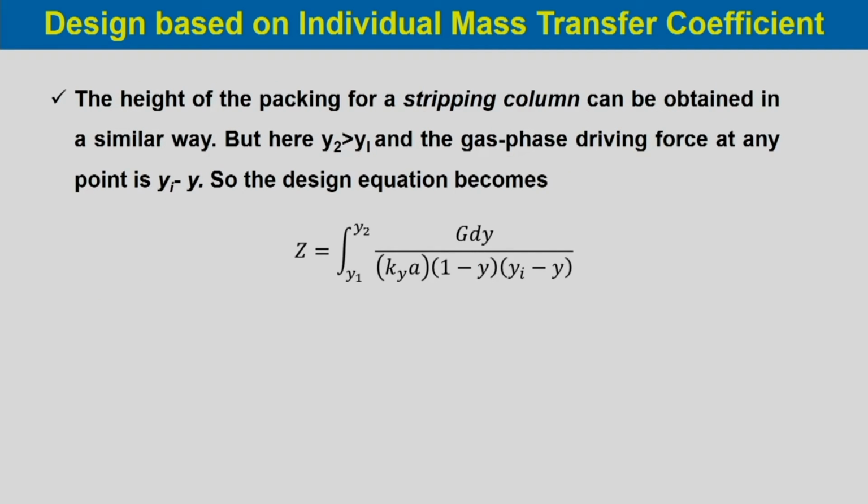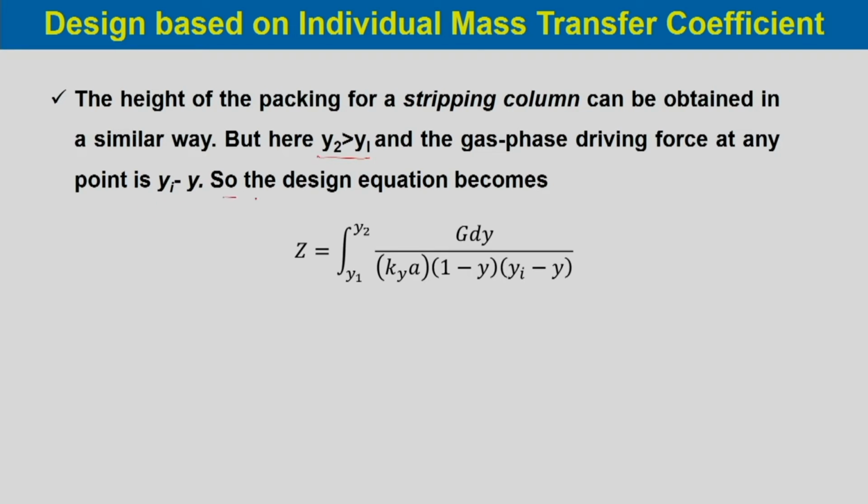The height of packing for a stripping column can be obtained in a similar way, but here y2 should be greater than y1 and the gas phase driving force at any point is yi minus y.